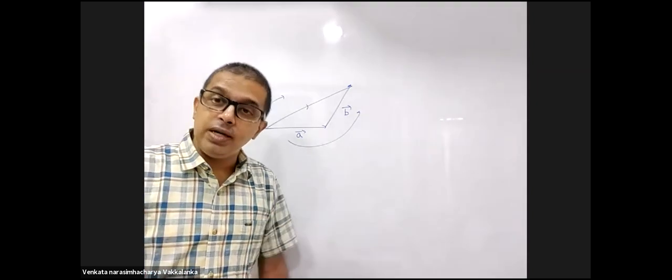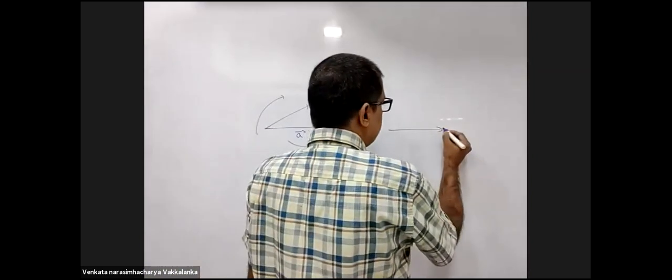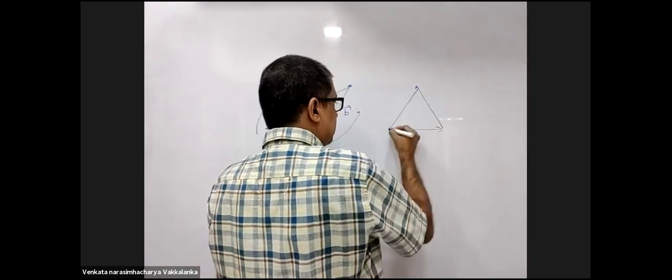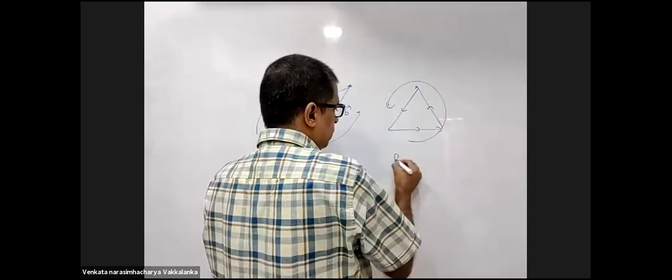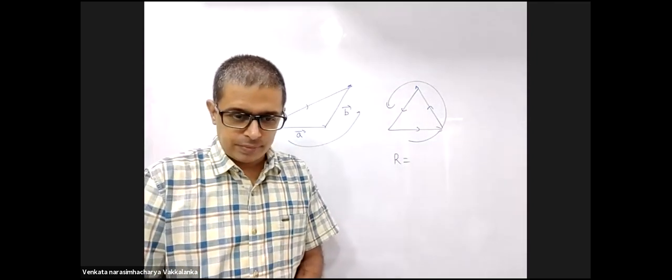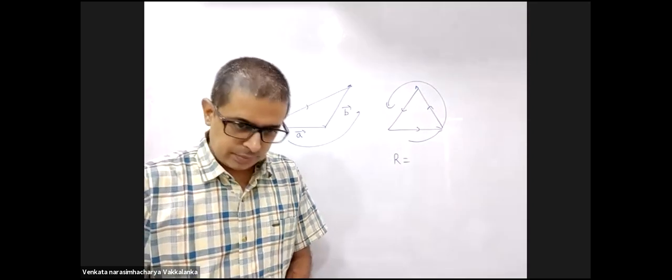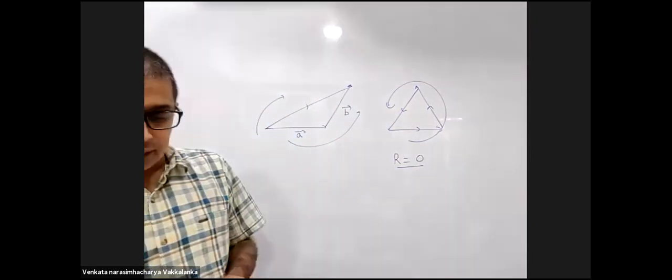This is what we learned in the previous class. One more important point we learned. If three vectors are represented as three sides of a triangle taken in one order, what will be the resultant? Zero. Till here, all of you remember, right?